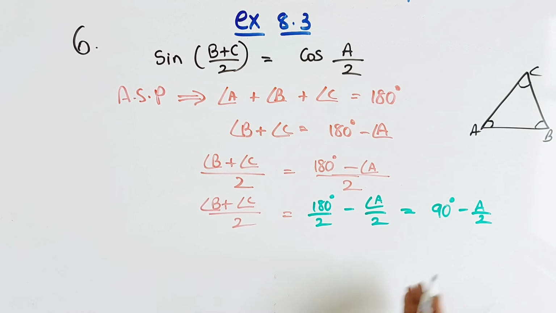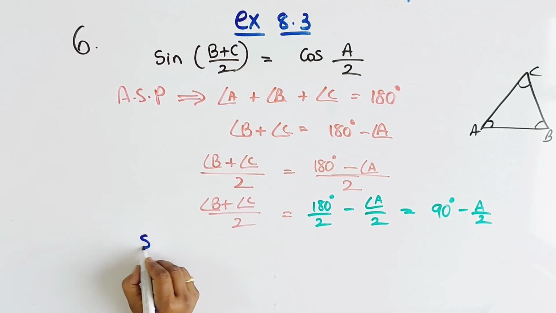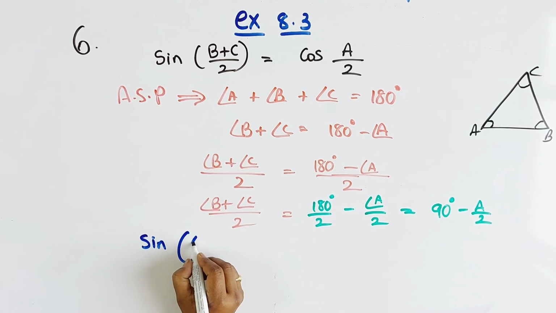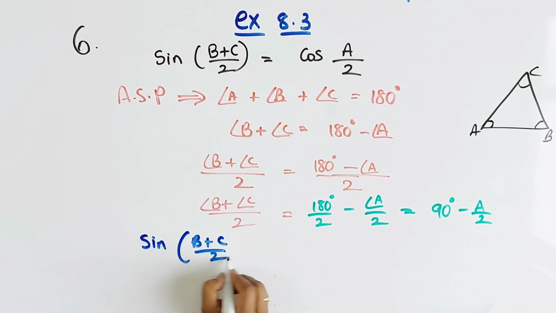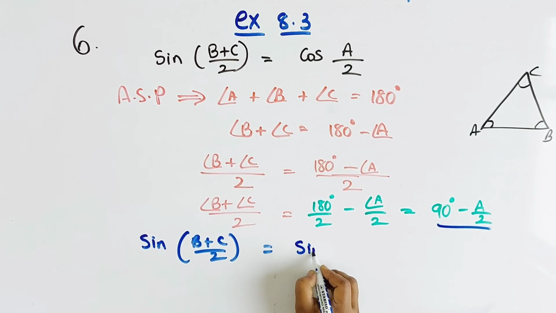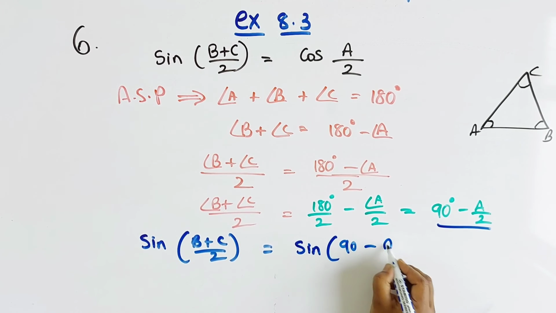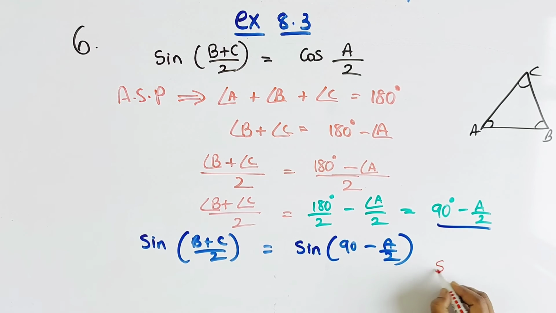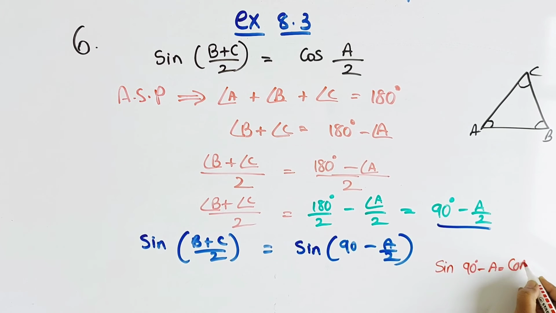Now apply sine on both sides. So sine of (B plus C) by 2 equals sine of 90 minus A by 2. Correct, children? But already we know that sine 90 minus A equals cos A. Now I am writing the formula here. Sine 90 minus A equals cos A. We already know this formula.